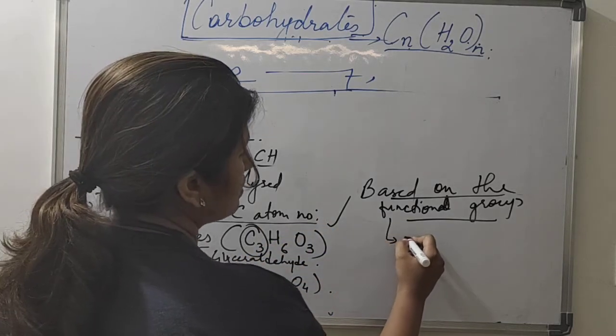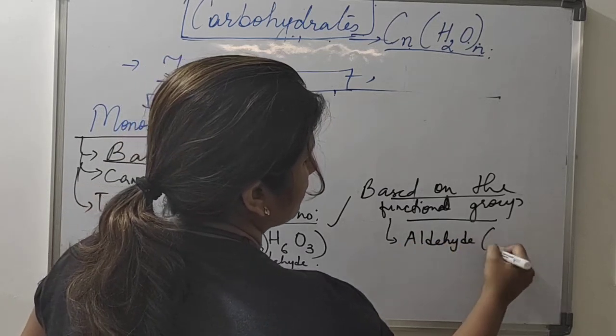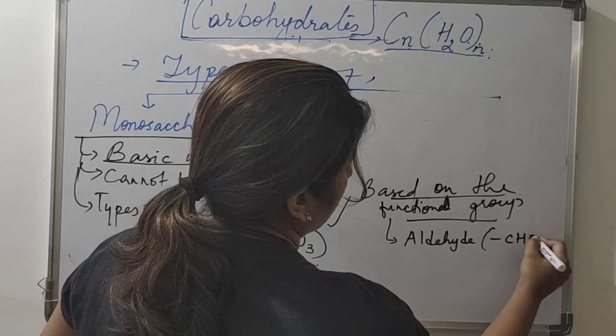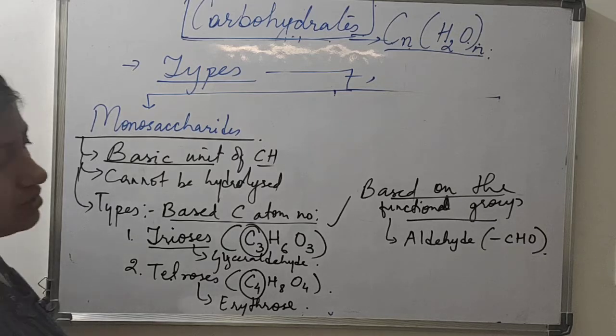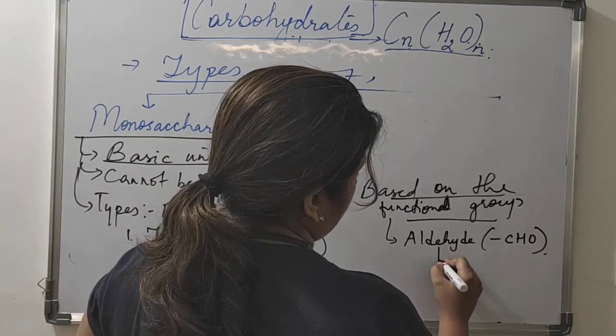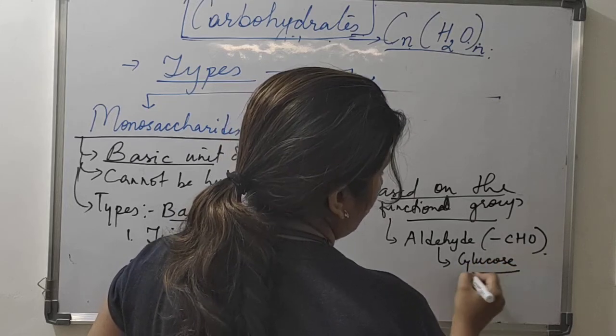First, when the functional group aldehyde, CHO, combines with the carbohydrate, it forms a monosaccharide called glucose.